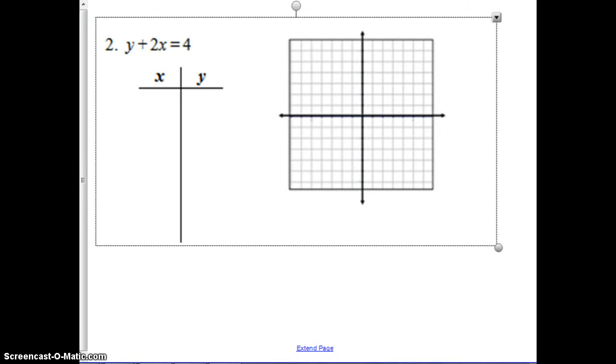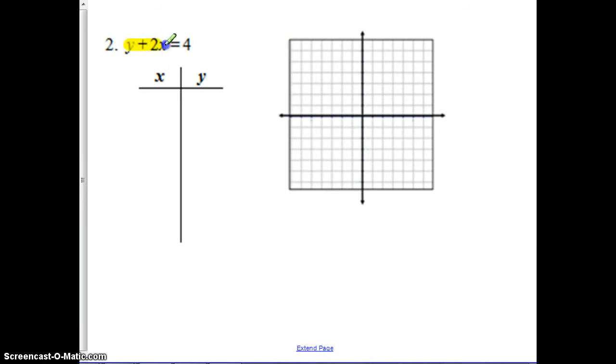In number 2, we have y plus 2x equals 4, and it's not in our y equals mx plus b yet. And we're going to change it over to that form.